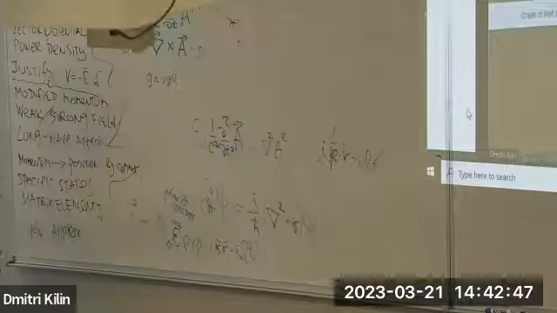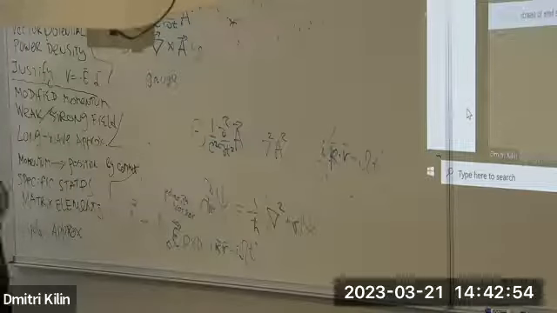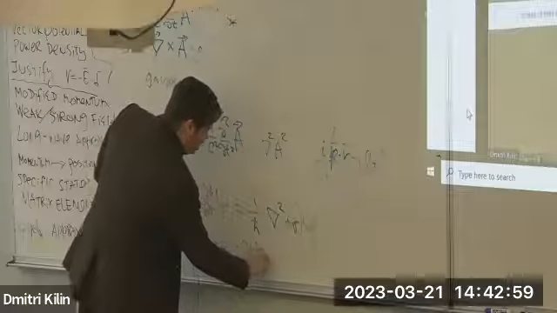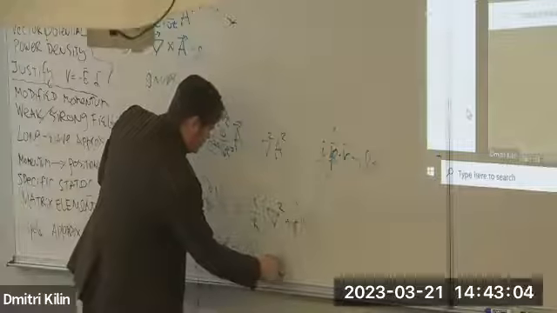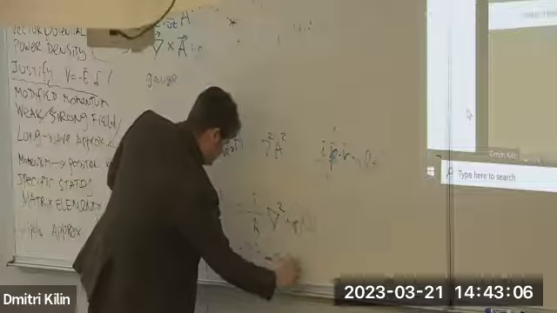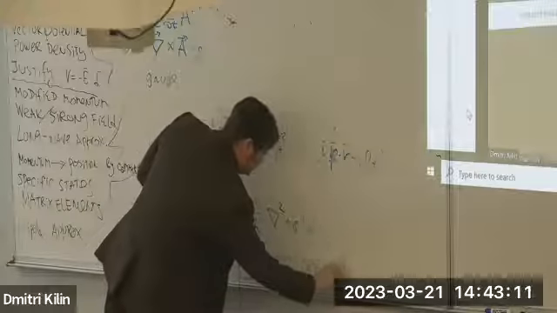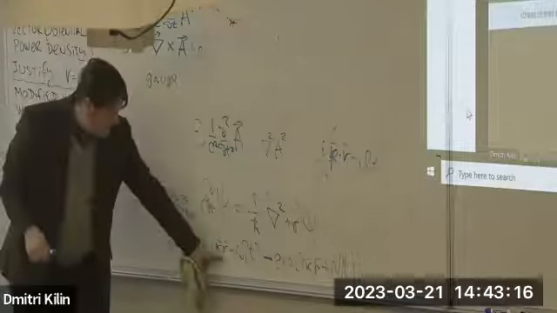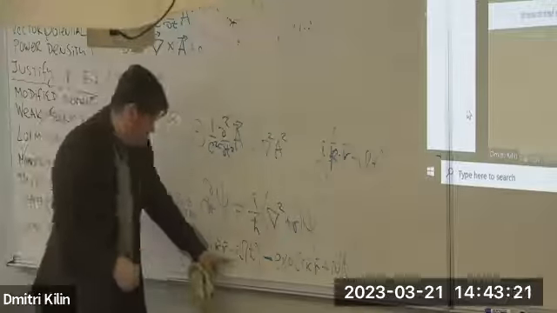If we want to be a little more practical and related to real life, we can add the part that propagates in the opposite direction, or goes backwards in time: exponential i k r plus i omega t. And then we can put the spatial part outside of the brackets, and then cosines.